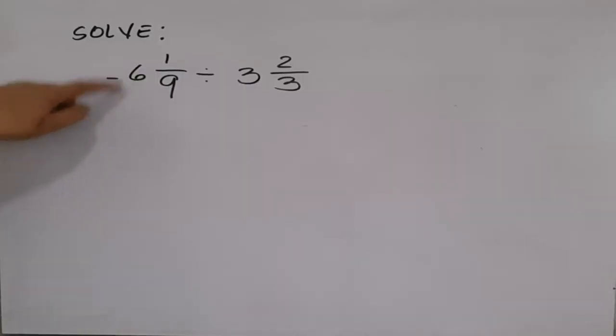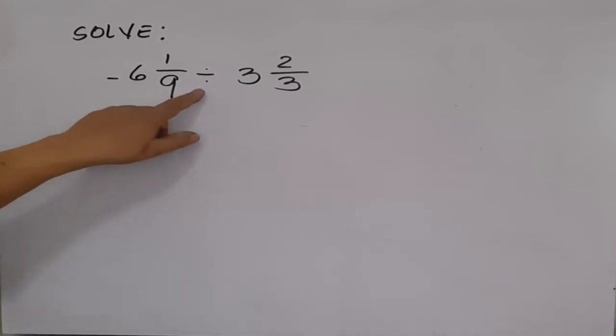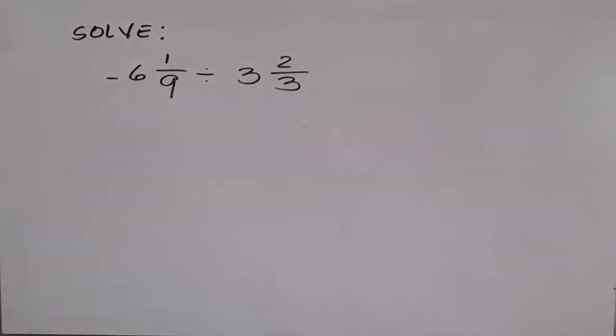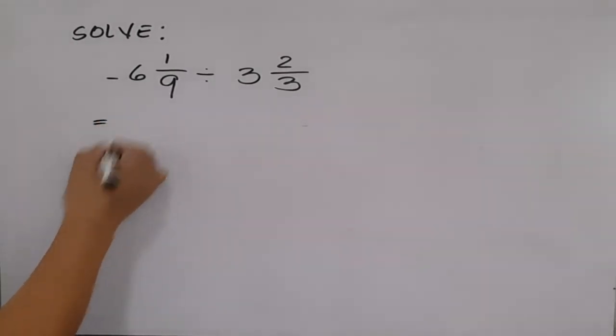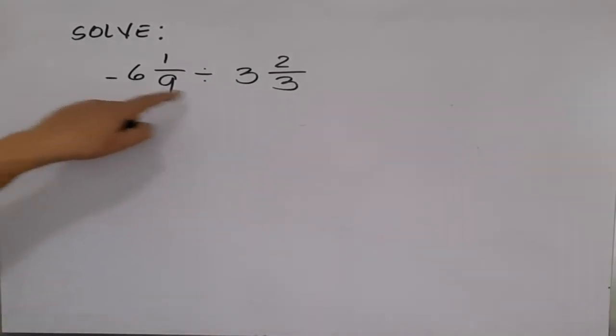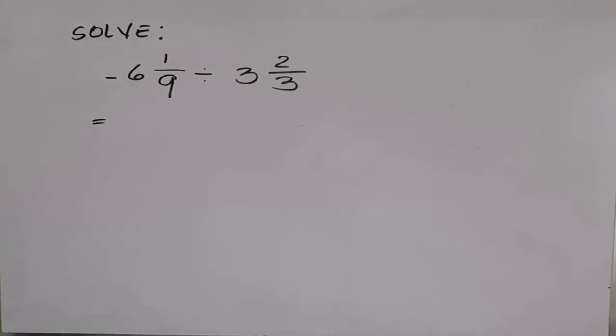Let's check if you got the correct answer. Okay, let's solve. Negative 6 and 1 over 9 divided by 3 and 2/3. First is to convert these fractions into improper fractions by multiplying the denominator with the whole number plus your numerator.